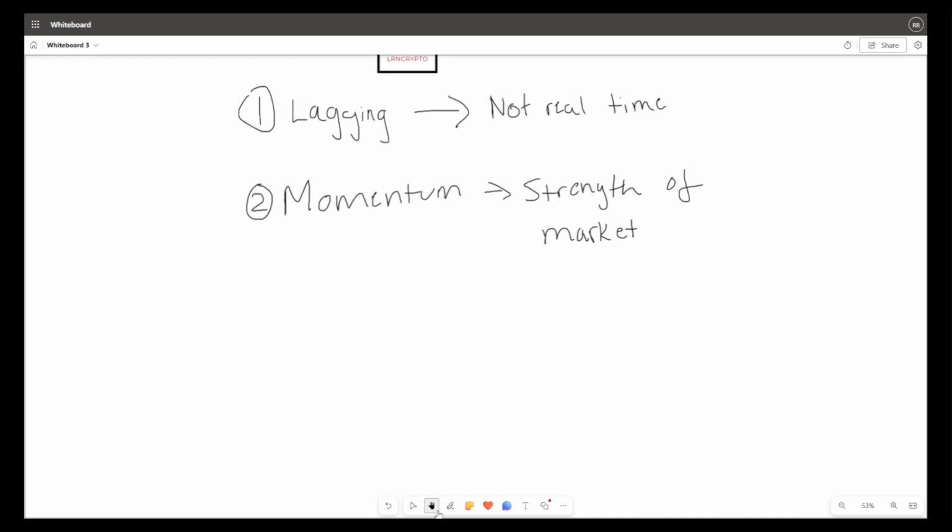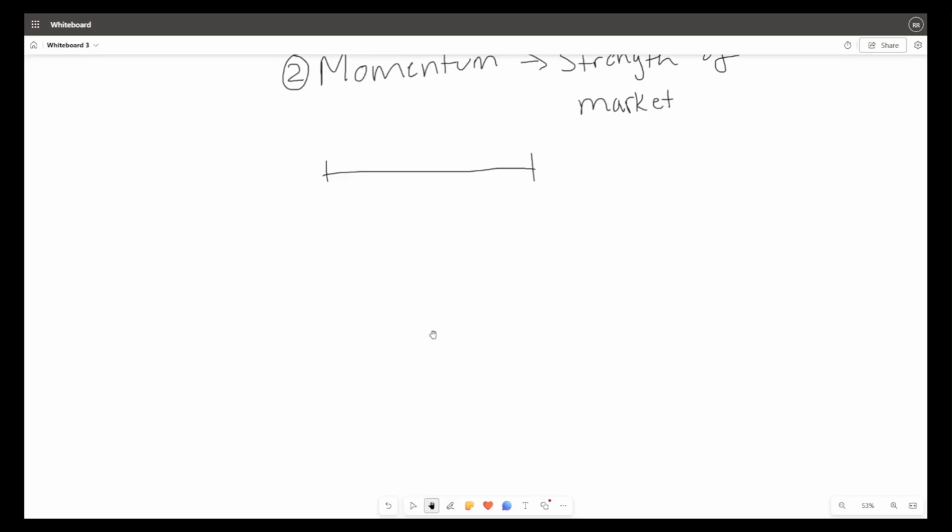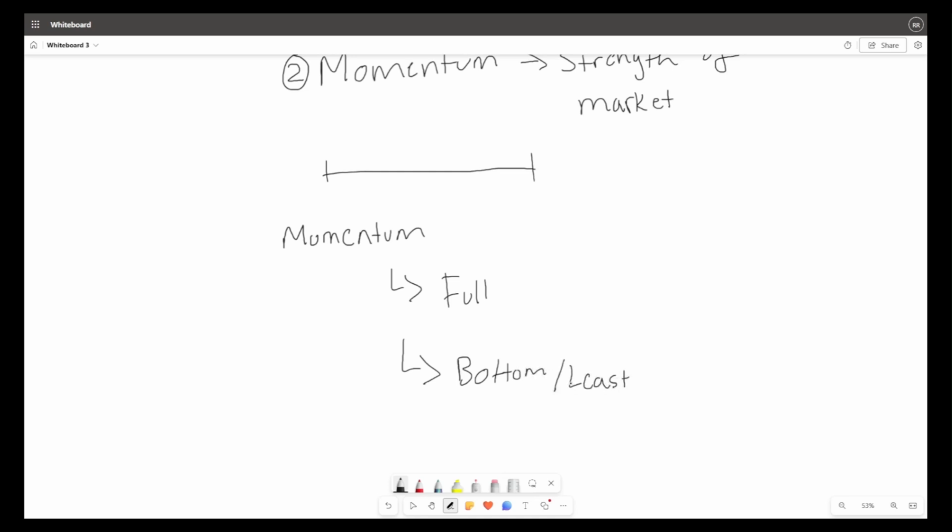These are two important things to keep in mind when it comes to the stochastic RSI. Now that we've got that out of the way, let's talk a little bit more about the indicator itself. Firstly, since it's a momentum indicator, it shows you when the market is at full strength and when the market is at the bottom or least amount of strength. So it ranges from a value between 0 to 100.